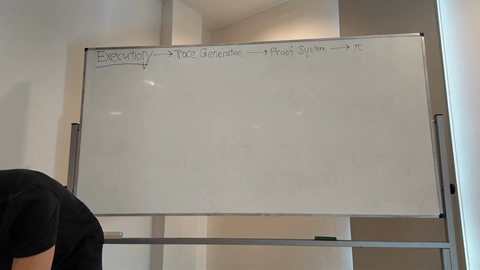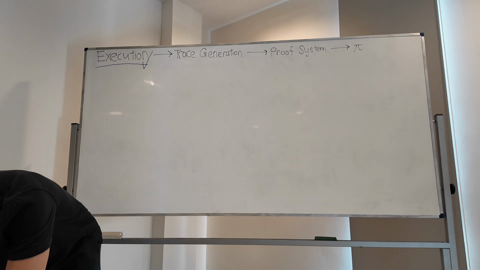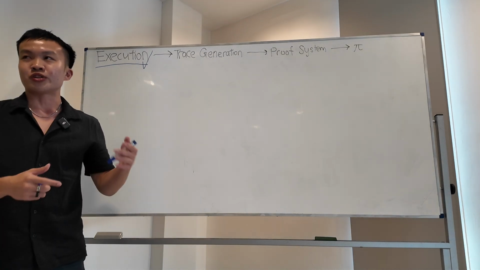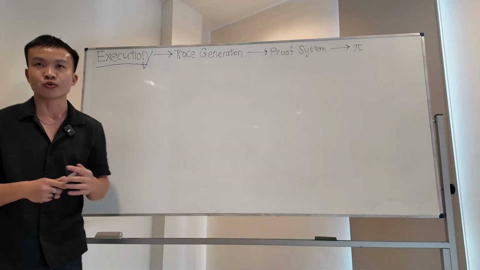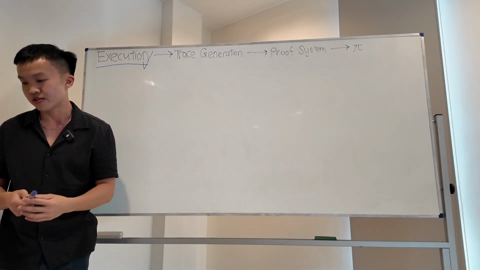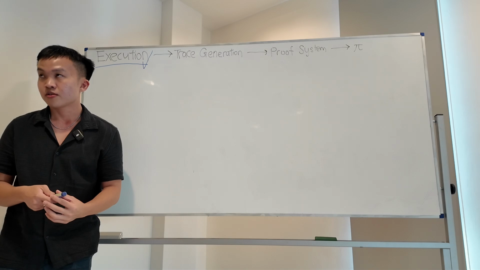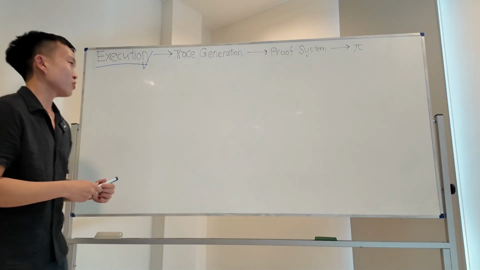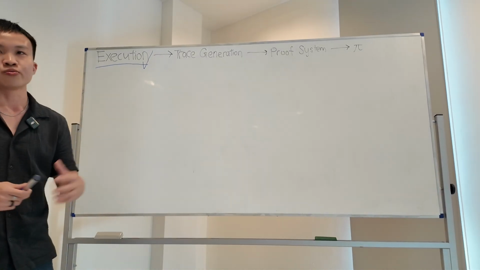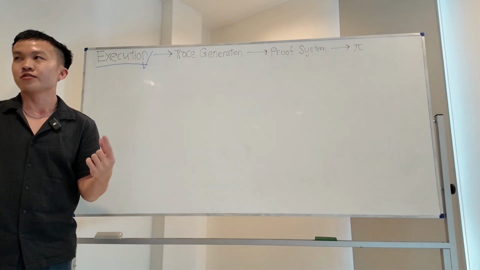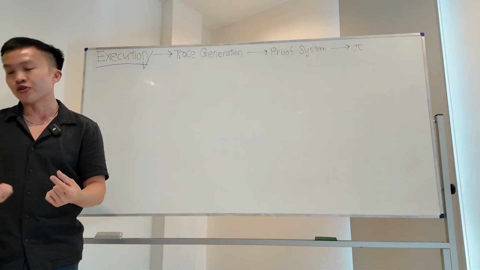Okay, so let's talk a bit about trace generation. Now that we know that you're doing this fetch, decode, execute cycle, what do we do with that information? The simplest way to consume that stream of data is to store it somewhere.